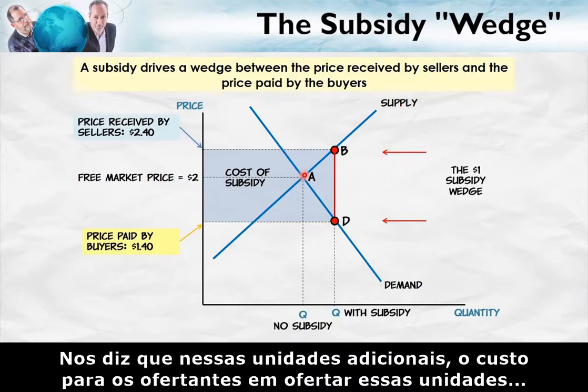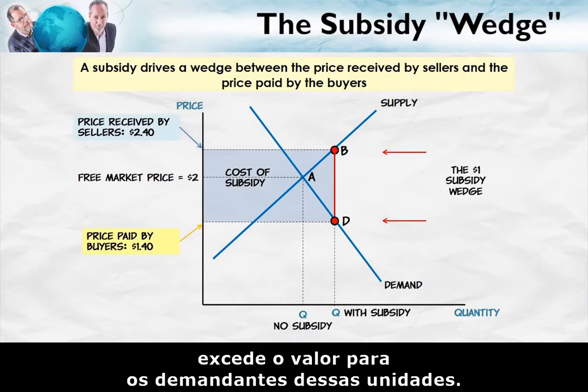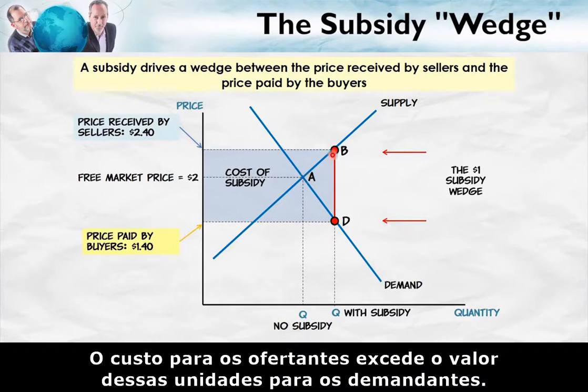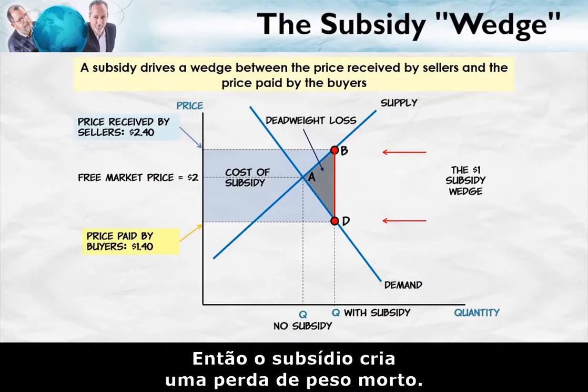It tells us that on those additional units, the cost to the suppliers of supplying those units exceeds the value to the demanders of those units. So this additional quantity is creating a waste. The cost to the suppliers exceeds the value of those units to the demanders. So the subsidy creates a deadweight loss.